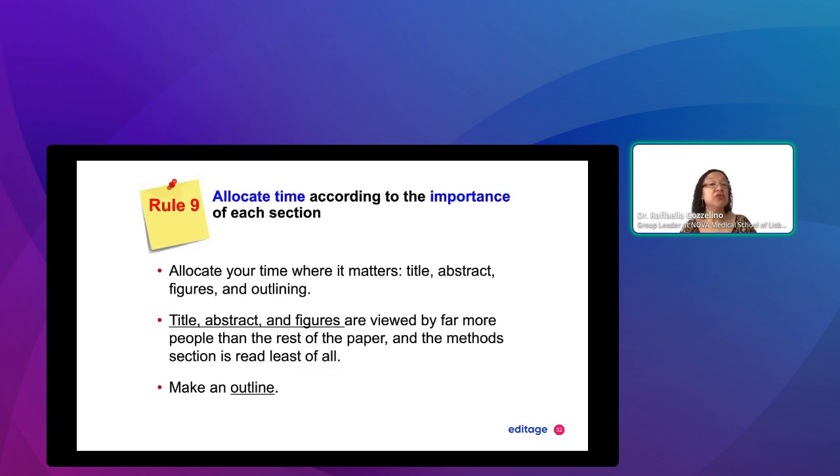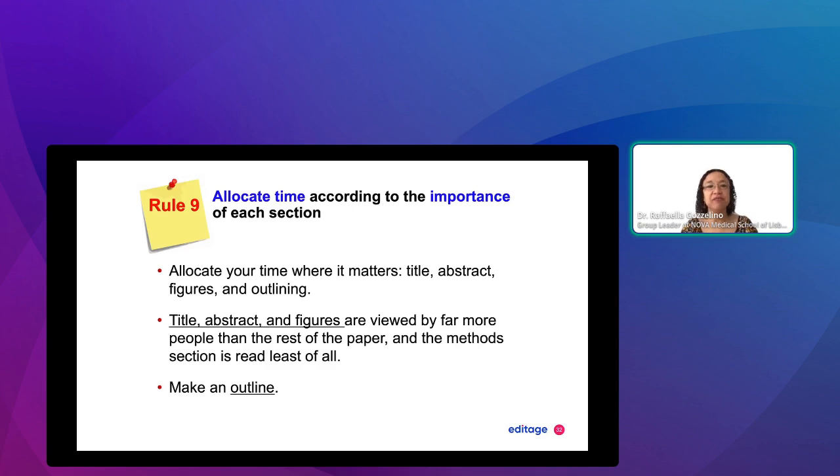So then you need to remember, and this is very important, to allocate proper time when you write each section, because indeed you need to discriminate which is the section that takes most of the time in terms of finishing writing it.